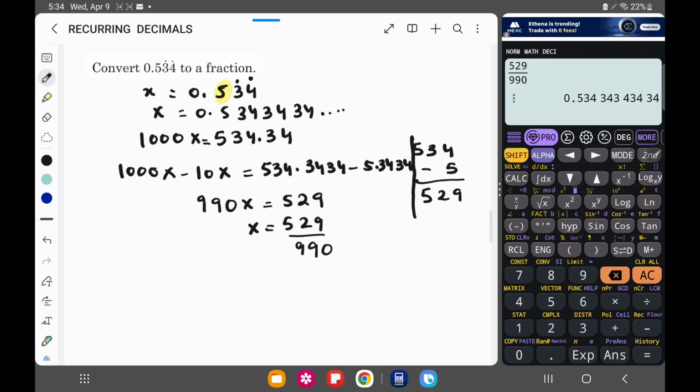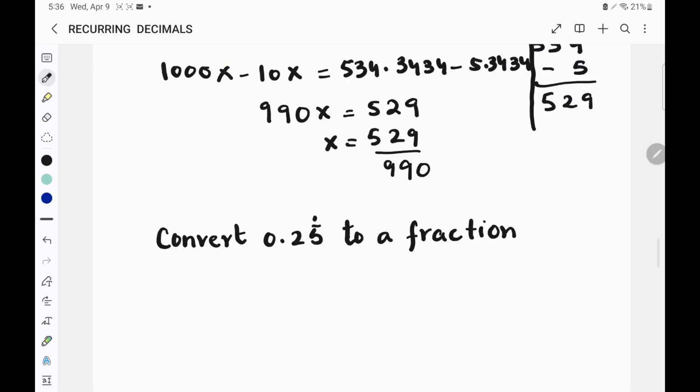Okay, so the next question: now convert 0.25. It means 0.25555, where 5 will repeat in this question. For this one we need to multiply by 100, as there are just two numbers. So x will be equal to 0.2555. In this question only 5 is repeating, so here we do 100x, which is 25.55 like this.